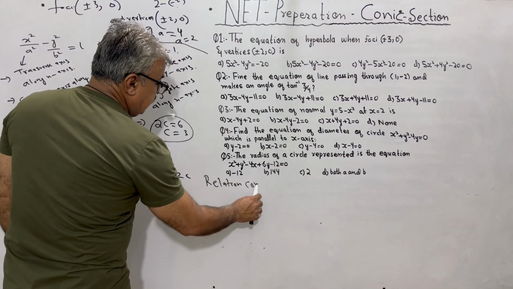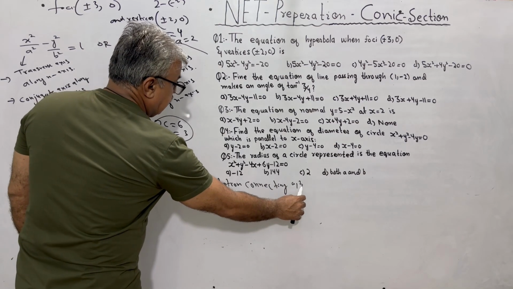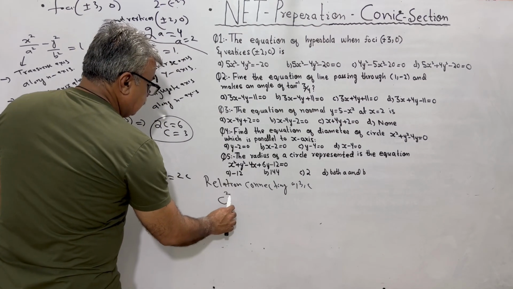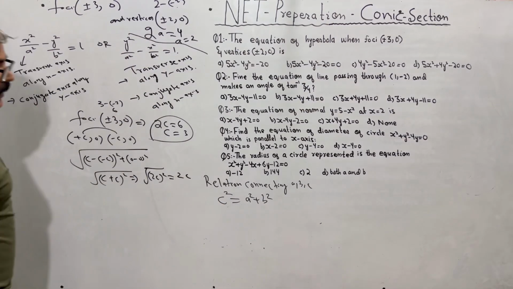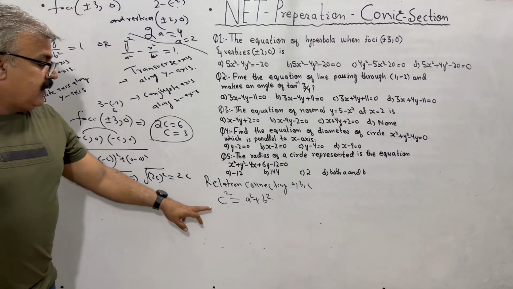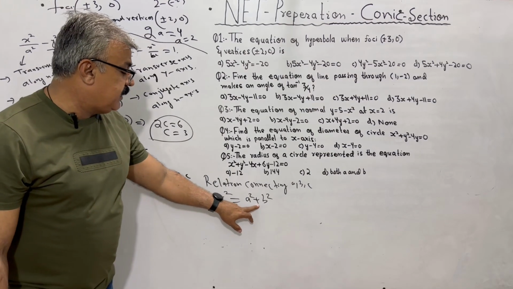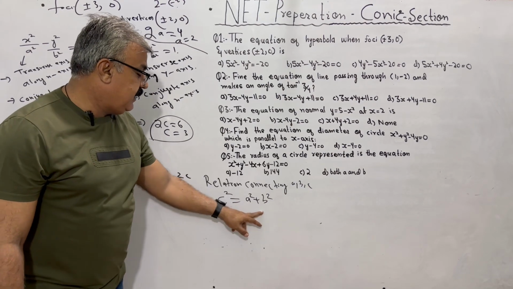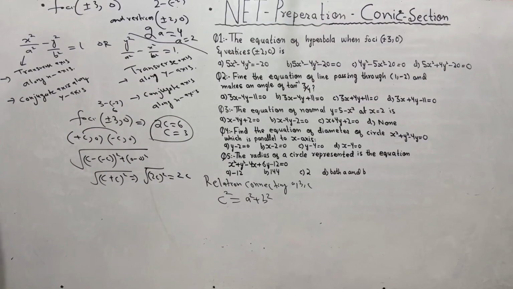The relation connecting a, b and c is c square is equal to a square plus b square. Half of focal length square is equal to half of transverse axis square plus half of conjugate axis square. It is like the Pythagoras theorem relation.